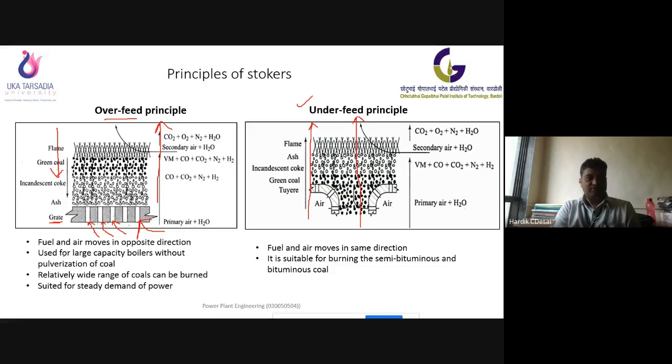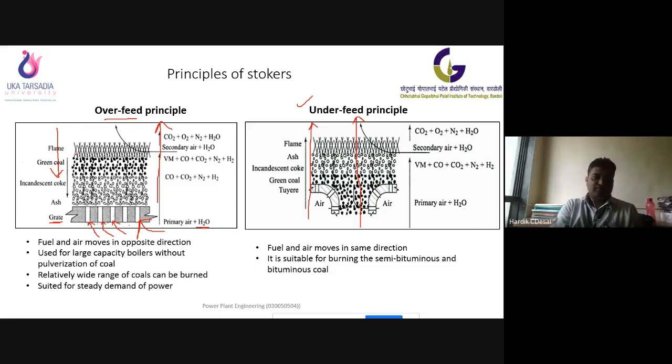What will happen? Suppose from the grate we are supplying the primary air, which will contain some moisture, that is H2O, and we have the coal from the top compartment. This coal will be fed with the help of coal hoppers.